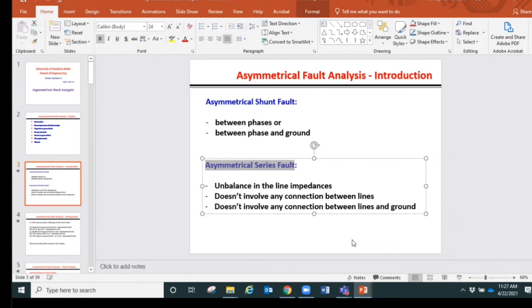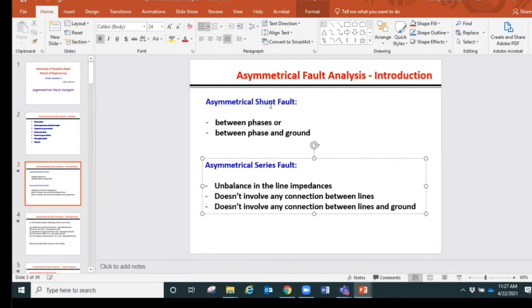The feature of that type of series fault is that it comes from unbalance in the line impedances. It can come in a way that does not involve any connection between the lines or phases, meaning we cannot have asymmetrical series fault if A and B phases are connected together.